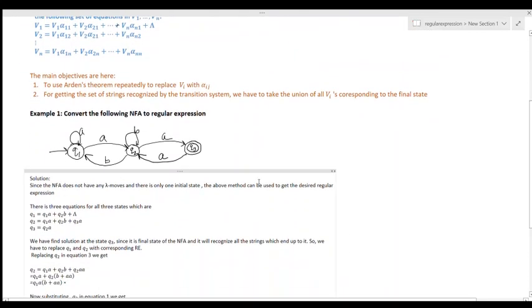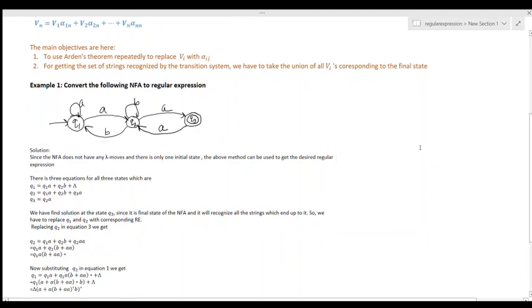For example, this is a given NFA. We have to find the corresponding regular expression. According to our assumption, there is no lambda transition, and we have one initial state here, so we can use the extended version of the RS method. For this NFA, we have three equations, one for each state: Q1, Q2, and Q3.